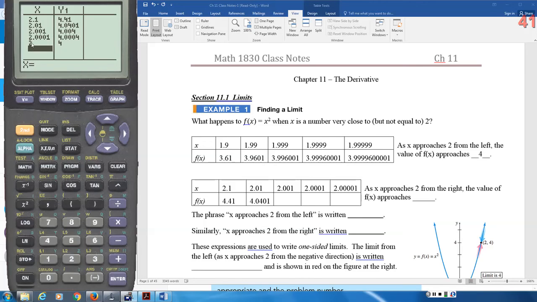And notice it did it again, even though I entered in 2 and 1/100,000th, it gave me 4, but actually it was 4.00004000001. So while 4.41 is not terribly close to 4, when we get out of here, 4.00004000001 is very, very close to 4. That's the calculus part of it.